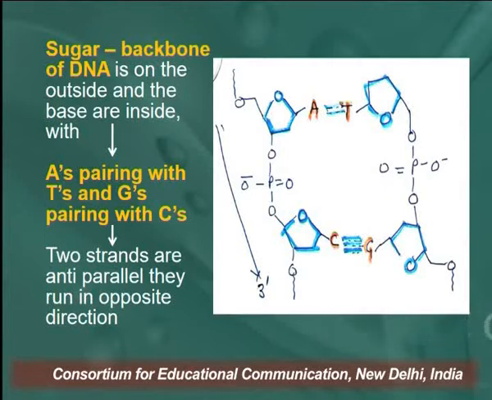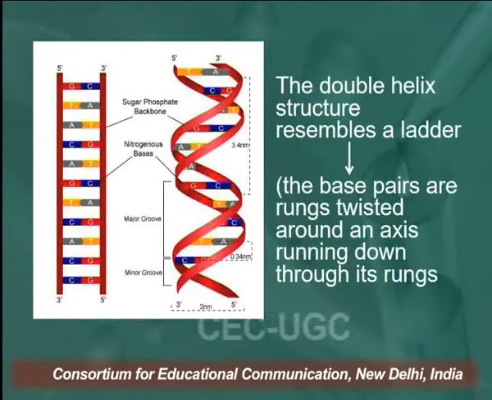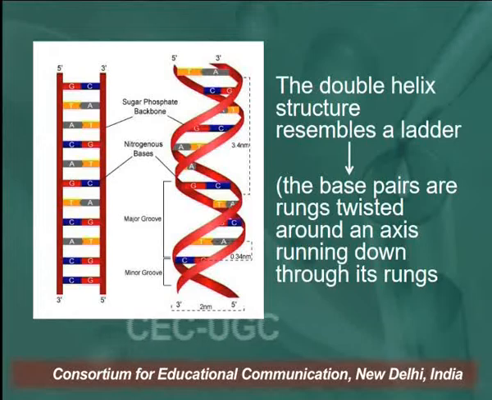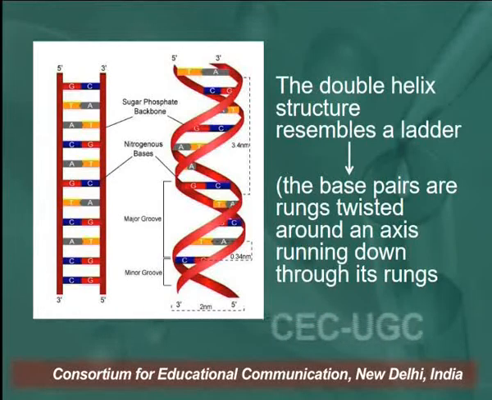Always adenosine pairs with thymine with two hydrogen bonds, and cytosine pairs with guanosine with three hydrogen bonds. The two strands are anti-parallel, they run in opposite directions. It is a double helical structure, and it resembles a ladder, and the base pairs are rungs twisted around an axis running down through them.